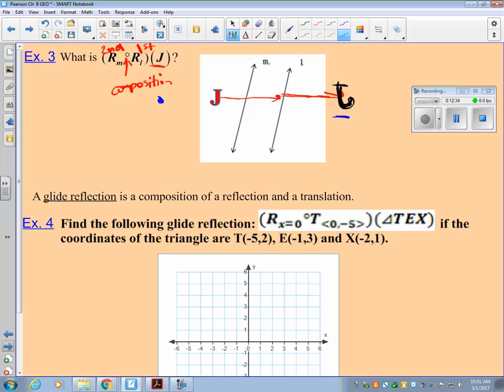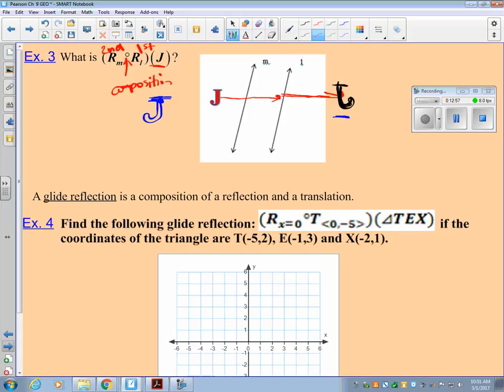So it's now back to normal. How'd I do drawing? Give me a thumbs up if you're okay with crazy wiggly drawing. Okay. So when you do composition, it's inside to outside.